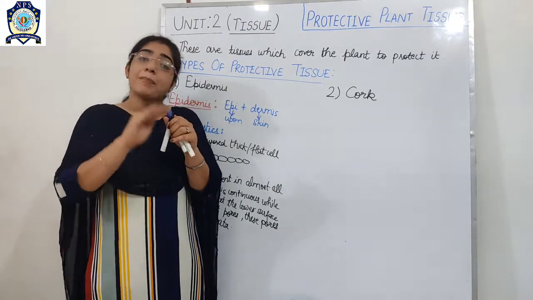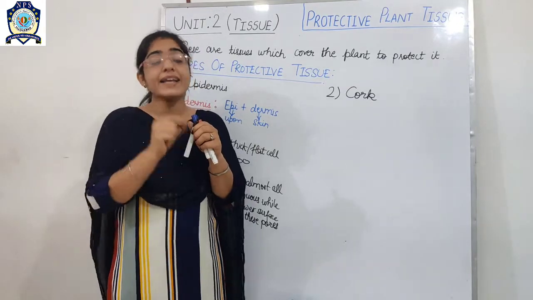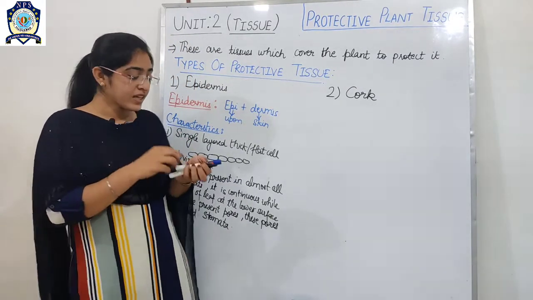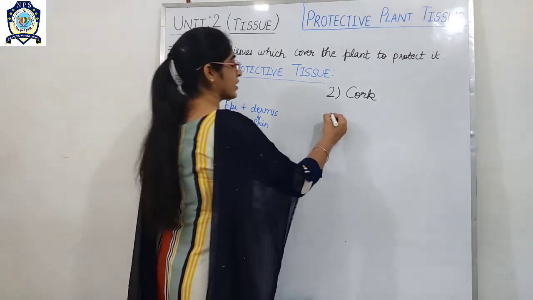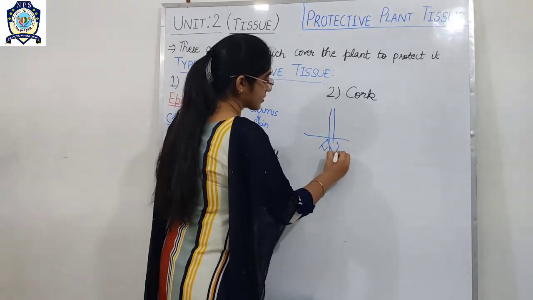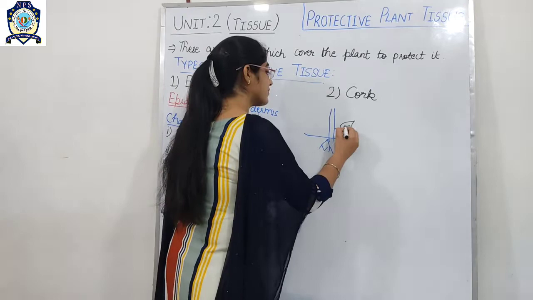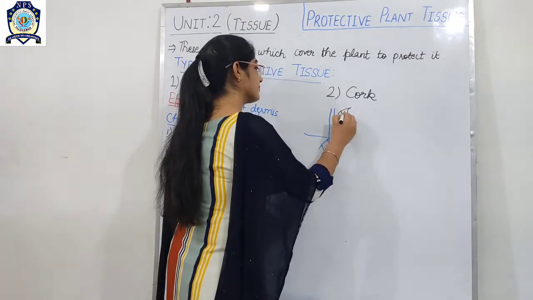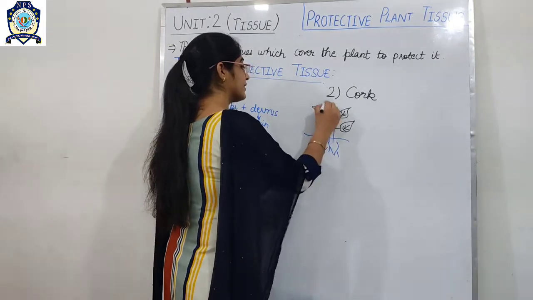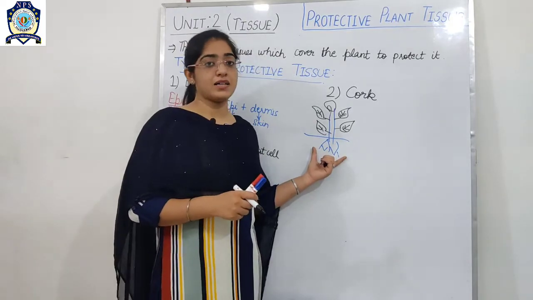Because epidermis is present in the aerial plant parts. The meaning of aerial plant part, dear student, is like if we consider, say, this is the plant, these are the roots, and these are the leaves, and this is the flower or the fruit. What are the aerial plant parts?